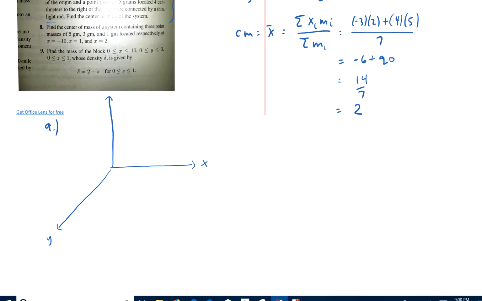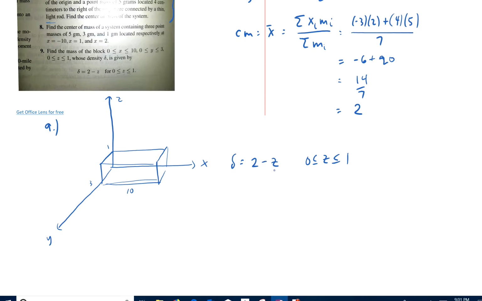So I've got this block that's 10 units this way. It comes out 3 and it goes up in my z direction 1 unit. Okay, and it tells me that the density delta is 2 minus z for 0 less than or equal to z less than or equal to 1.